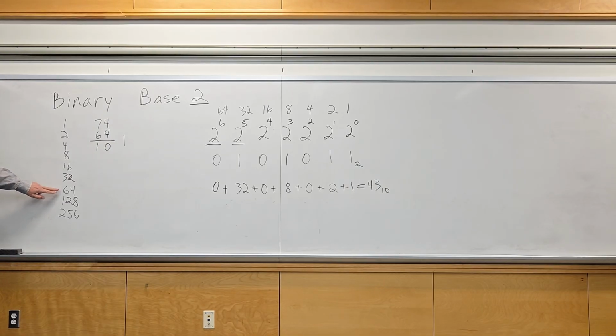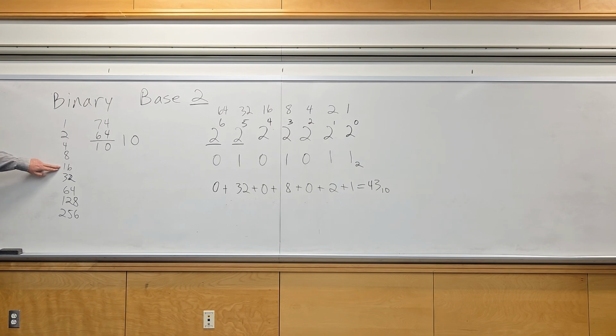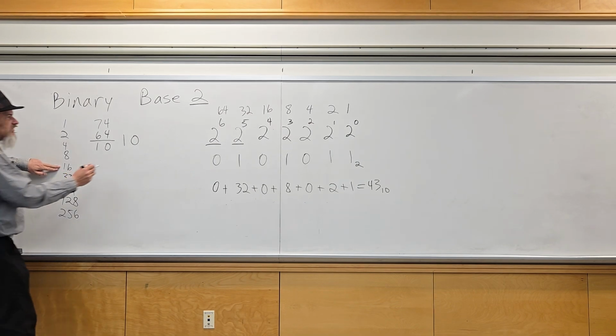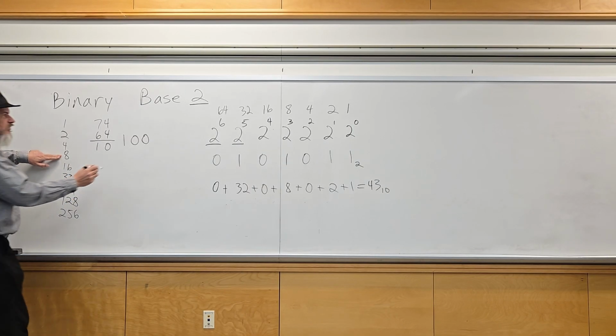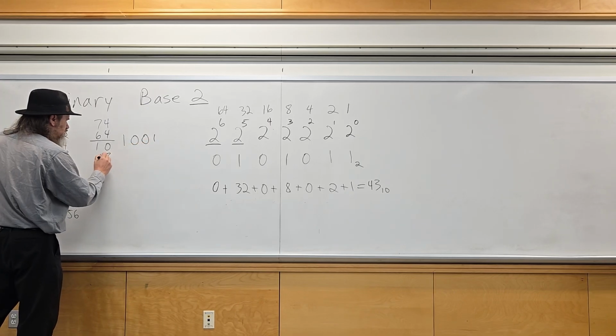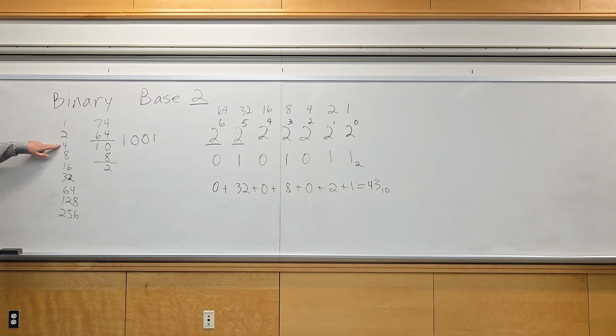You started with 64s, so the next one up is 32. Is there any 32s in 10? No. So you put a 0 there. Is there any 16s in 10? Nope. Put another 0. Is there an 8? Yep. So you put a 1 there, and then subtract 8. Is there a 4? Nope.